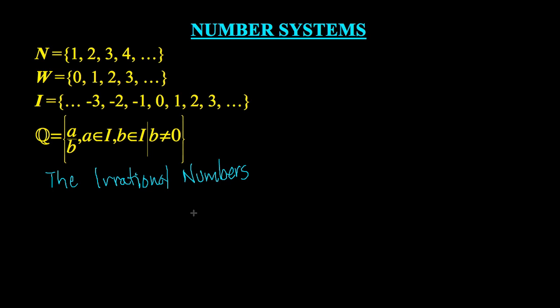And they're all numbers that don't repeat and don't terminate. Well, the question is, what kind of numbers don't repeat or don't terminate? Well, as it turns out, you can create one really easily. Let me give you an example. We could take, say, 0.25.